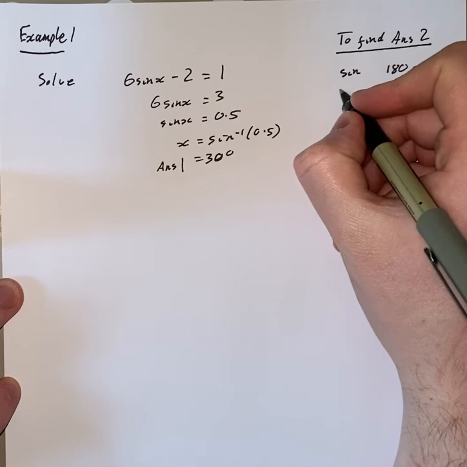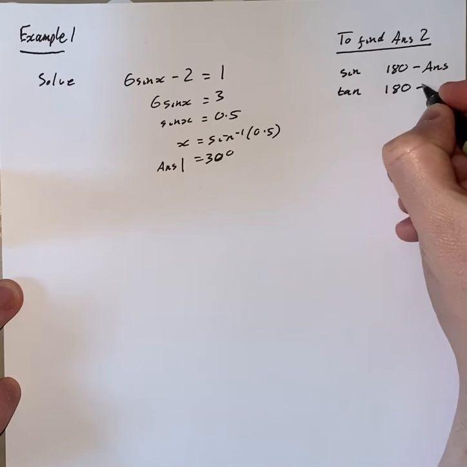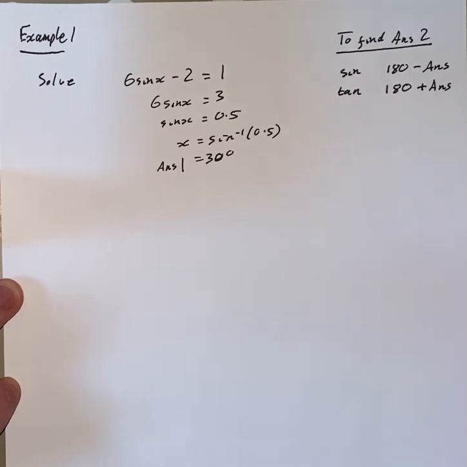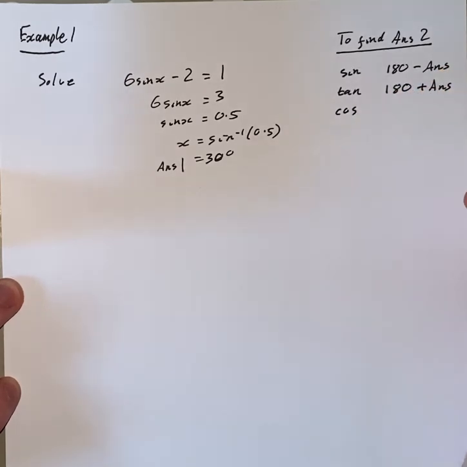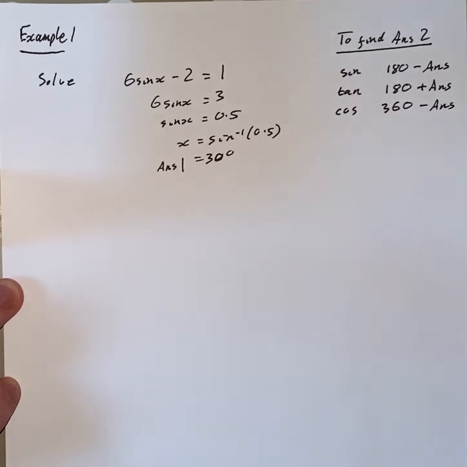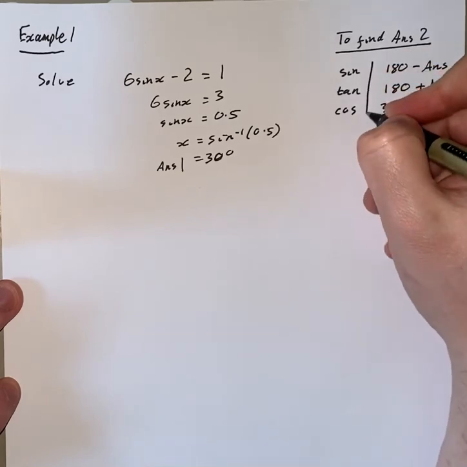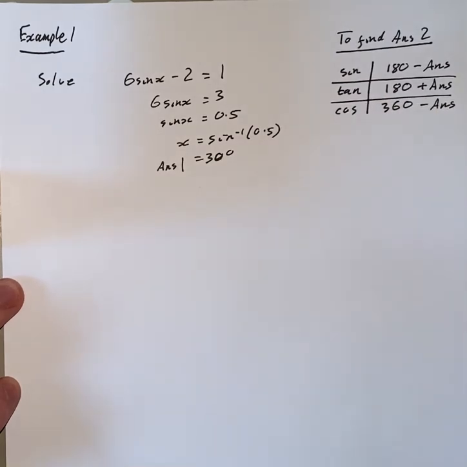If we were looking at tan, then it is 180 plus answer. And again, answer key in the calculator. And finally for cosine, do 360 minus answer. Now there are various different memory aids and tricks that you can use to help you remember these. However, for the time being, I'm just going to present you with this little table. So sine 180 minus answer, tan 180 plus your answer, cos 360 minus answer.